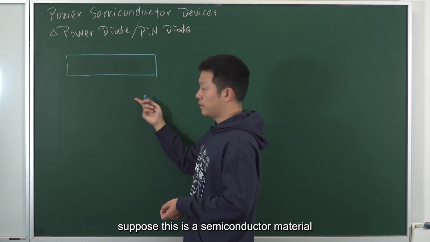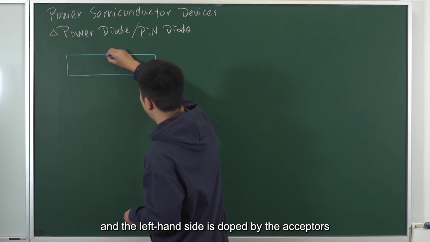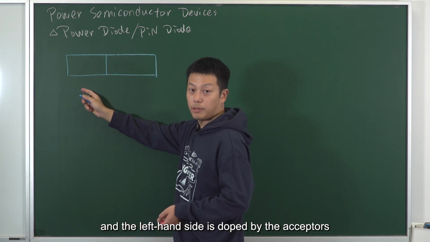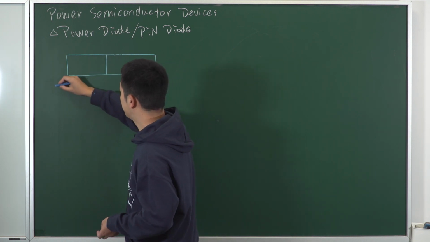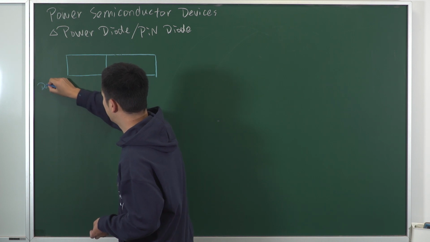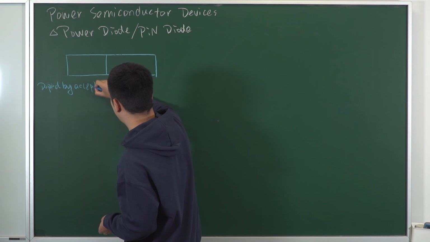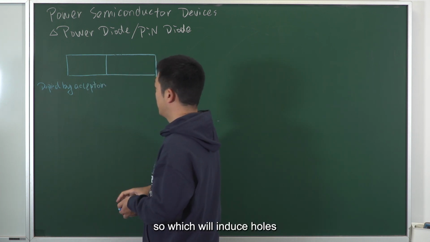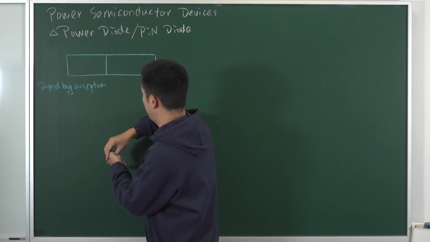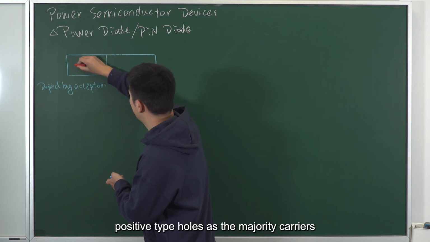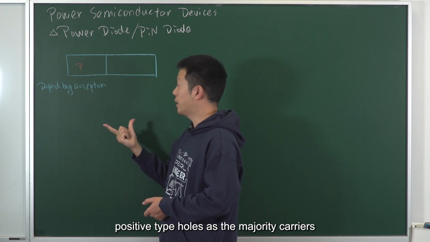Suppose this is a semiconductor material, and the left-hand side is doped by acceptors, which will induce positive type holes as the majority carriers.